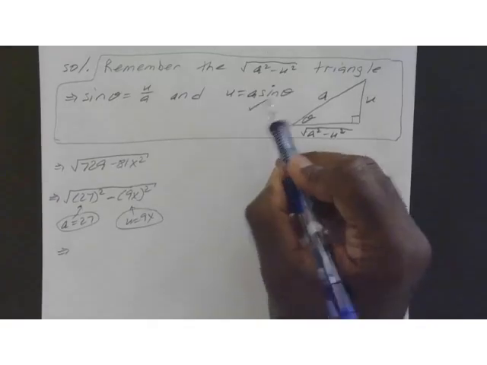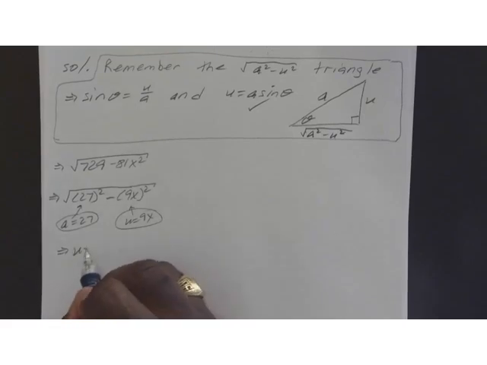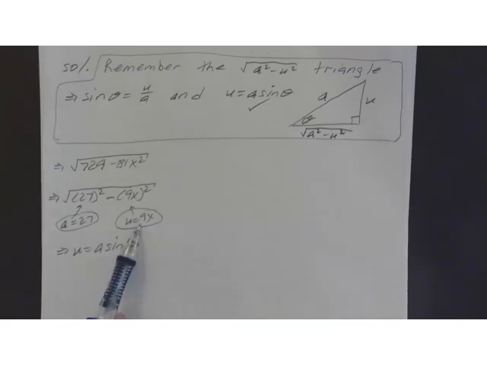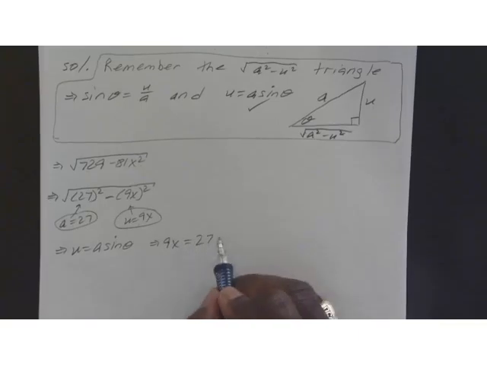Okay, so we have to find our u. We know that u is equal to a times sine of theta. Well, u is equal to 9x. That means that 9x is equal to a, which is 27, times sine of theta.